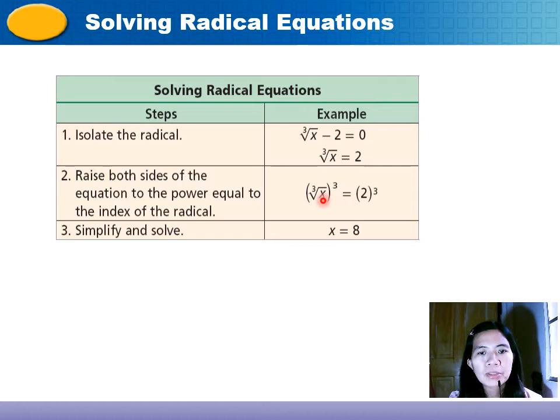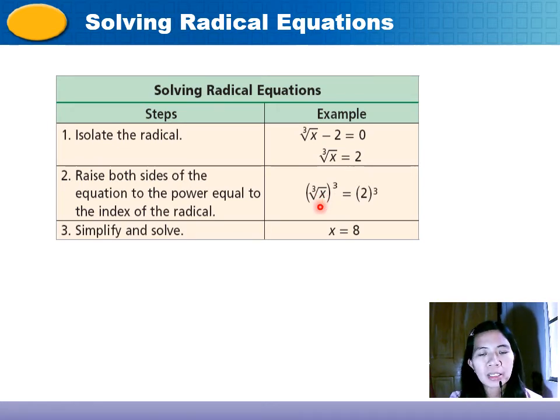So we are going to raise both sides of the equation to the cube. Why do we raise it to a power equal to the index? So that 3 divided by 3 is 1, meaning an nth root raised to n will be equal to the radicand itself.